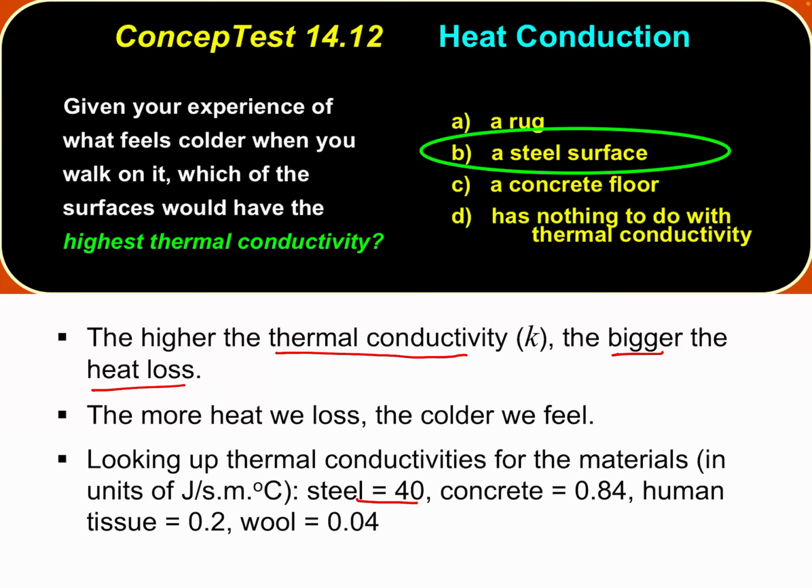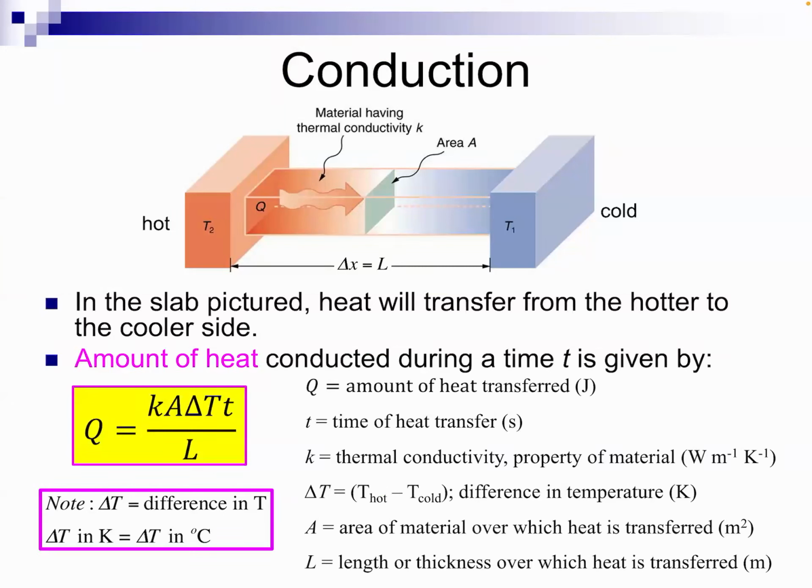All right, clear enough? Good. So then let's look at how we can quantify the amount of heat or energy that can be transferred by conduction. In this picture, we can see a hot slab and a cold slab. These two slabs are connected via this duct.